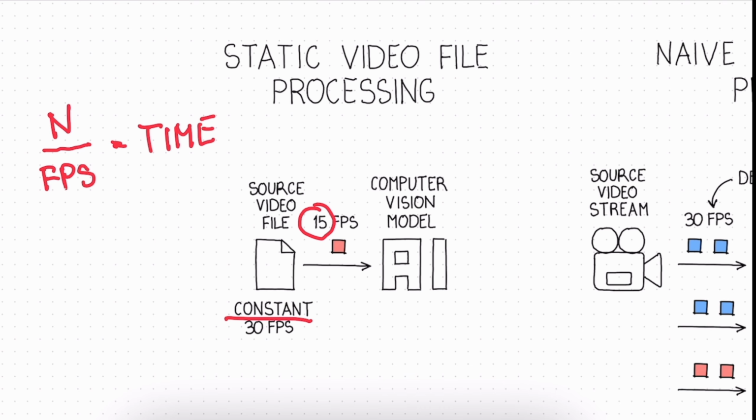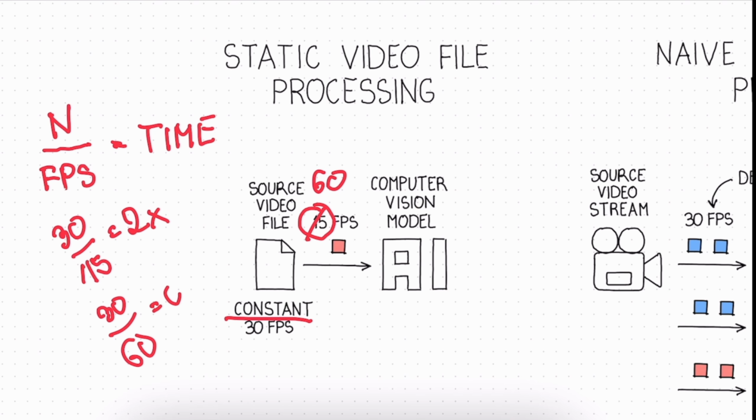For example, if your model processes 15 frames per second and the FPS of your video is 30, processing the video will take twice as long as the video's duration. On the other hand, if you can process, for example, 60 frames per second, it will take half as long.